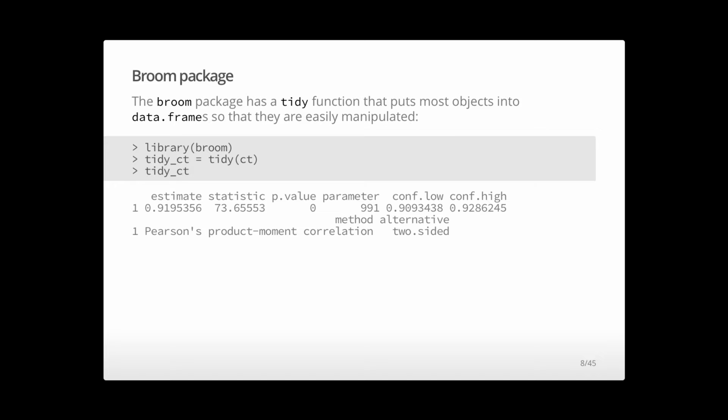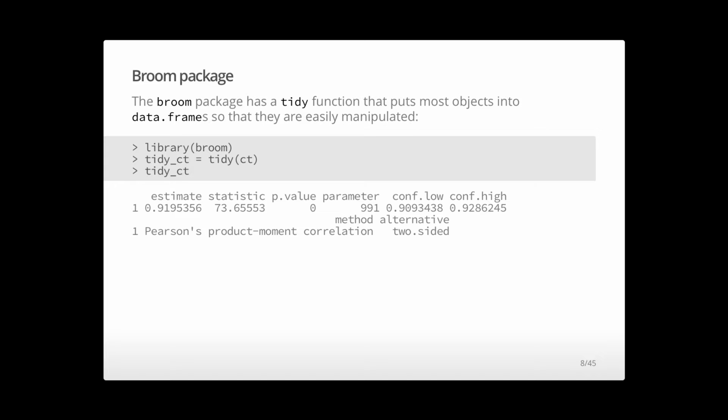Now you have a data frame which has estimates, statistics, p-values, and that kind of stuff. If you put them together by merging or rbinding them, now you have a data frame that has statistics from the tests you want that you know how to operate on with dplyr. So tidy makes them into formats that are more usable.